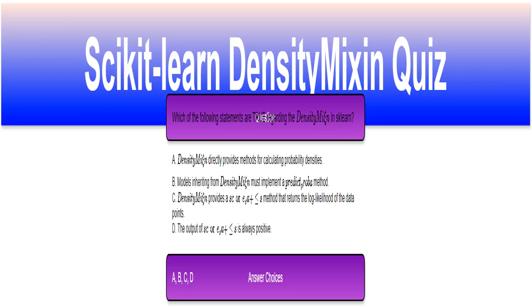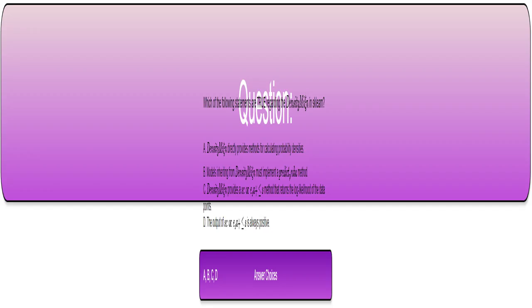This is a quiz about the DensityMixin class in the scikit-learn library, a popular Python library for machine learning. Let's dive in. We're going to test your knowledge of DensityMixin, which is a mixin class in scikit-learn. A mixin is a class designed for inheritance to add functionality to other classes.